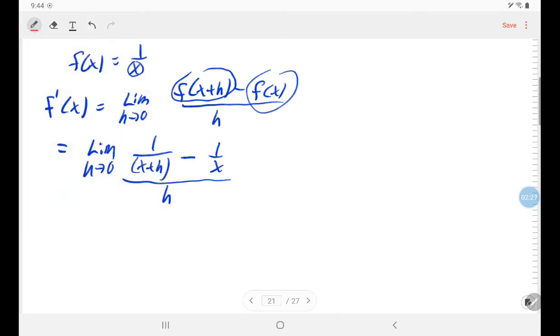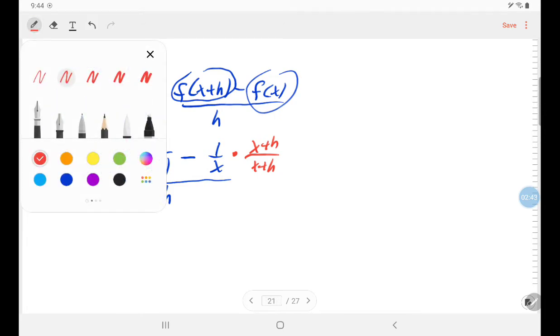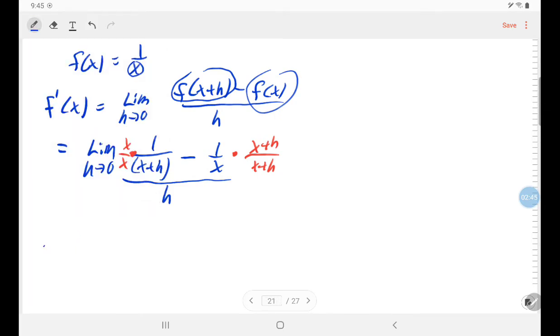To deal with this top, it's really just some basic algebra. I'm going to multiply both terms by 1. It's just how I choose to write the 1 is different in each case. So in essence, I'm looking to give them common denominators. In this first one, I'm going to multiply the top: x times 1 gives me x.